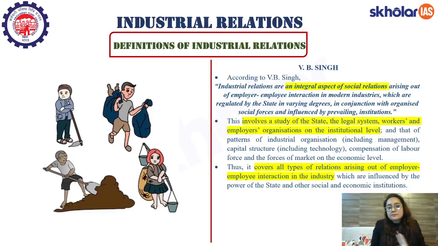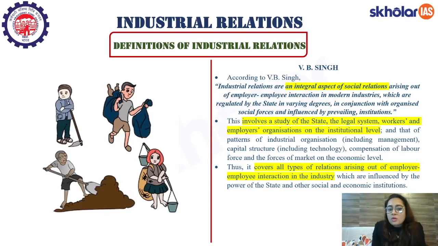Thirdly, when this conjunction is organized and managed by social forces from the outside, then the prevailing institutions like government institutes and other institutes that give certain kinds of support to employee or employer in certain ways do form industrial relations.